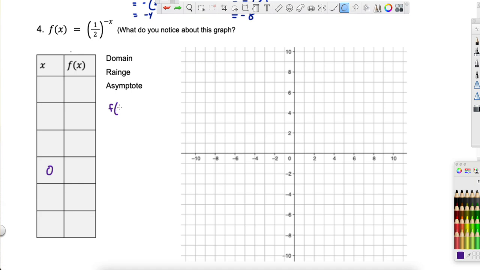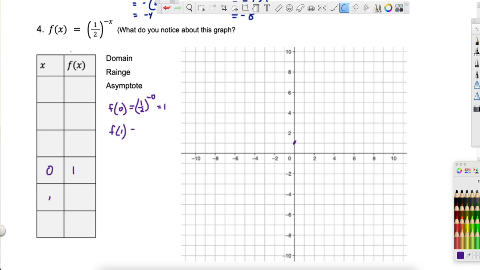So f of 0, 1/2 to the -0 power. So negative 0 is 0, and 1/2 to the 0 is 1. So we got 0, 1. All right, so we're back up in the top half of the graph here. This is my anchor point.